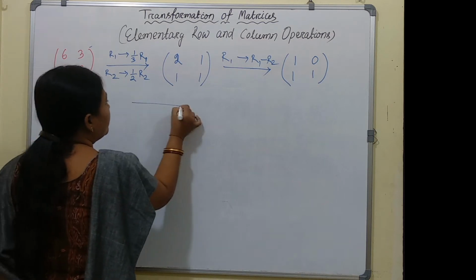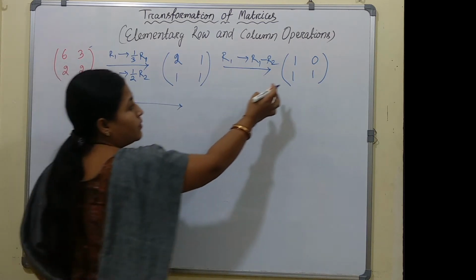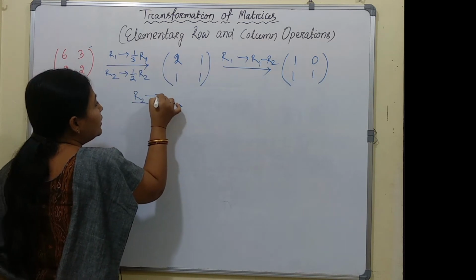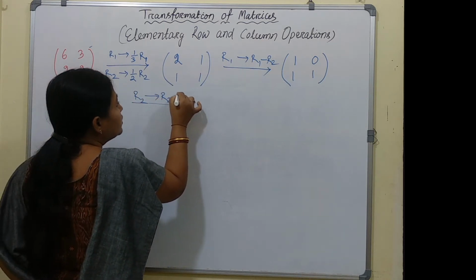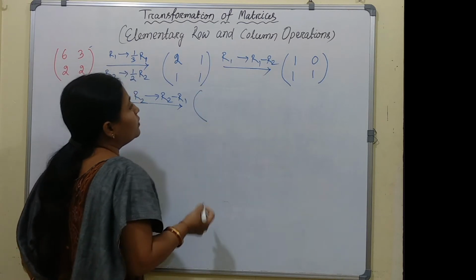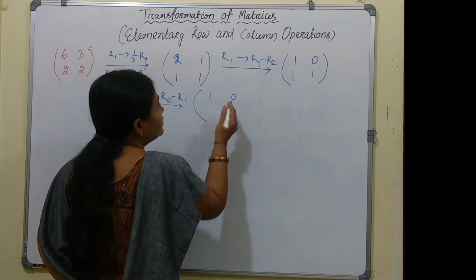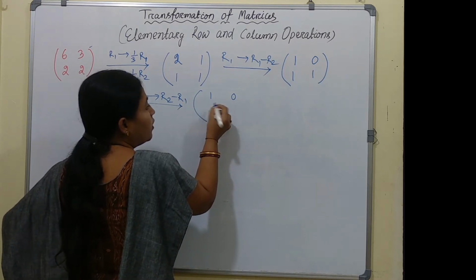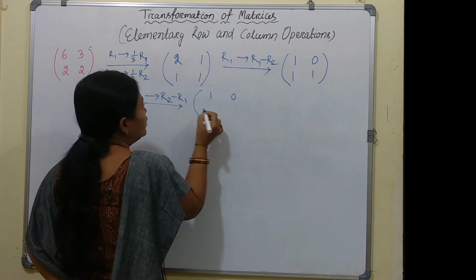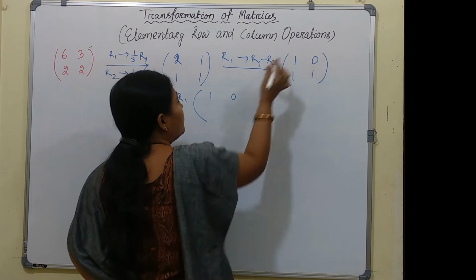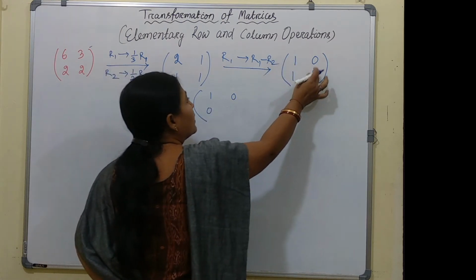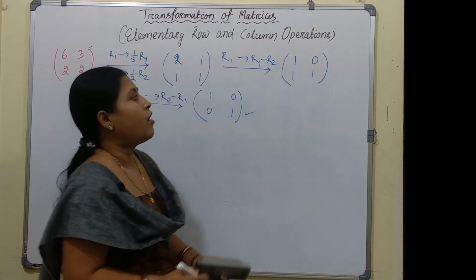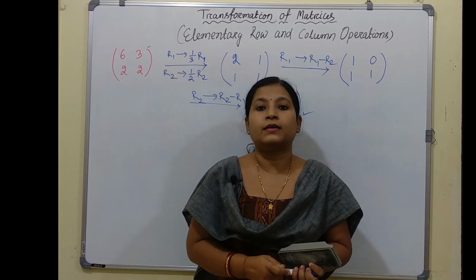Now applying the operation changing row 2 into row 2 minus row 1, we keep row 1 as 1, 0 and apply the operation on row 2. So 1 minus 1 is 0, and 1 minus 0 is 1. So here we get our required unit matrix.